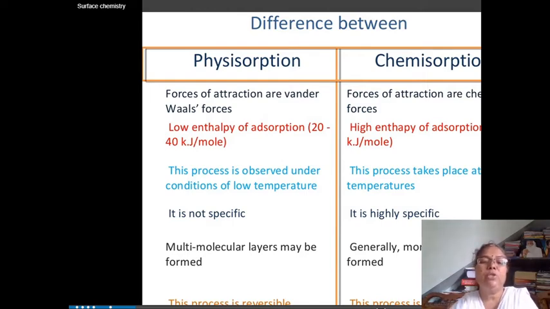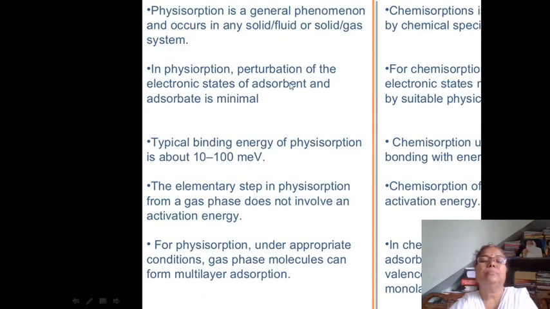In case of physisorption a multi-molecular layer may be formed, and in case of chemisorption generally a monomolecular layer is formed.